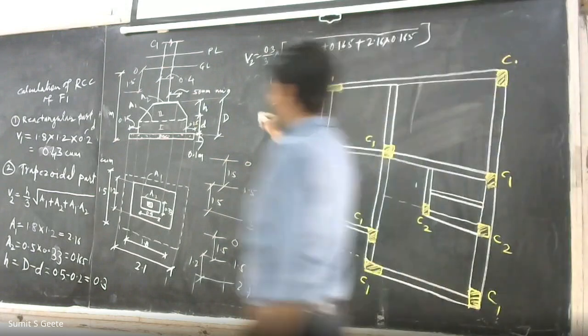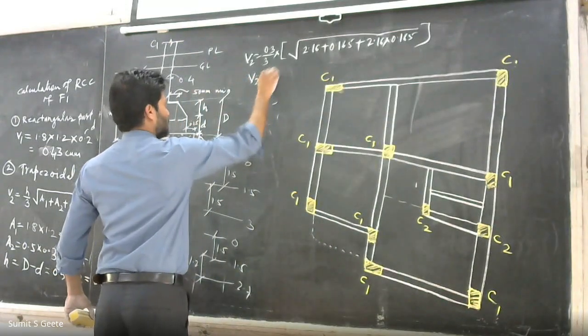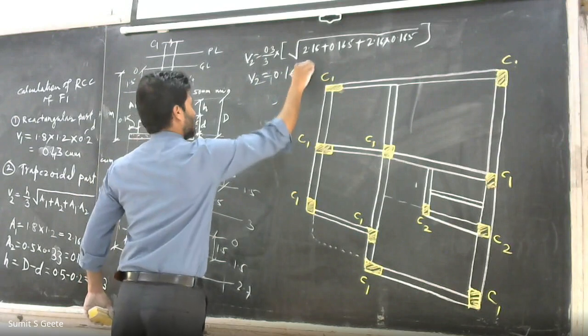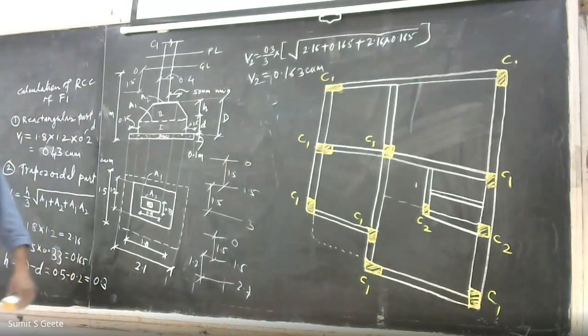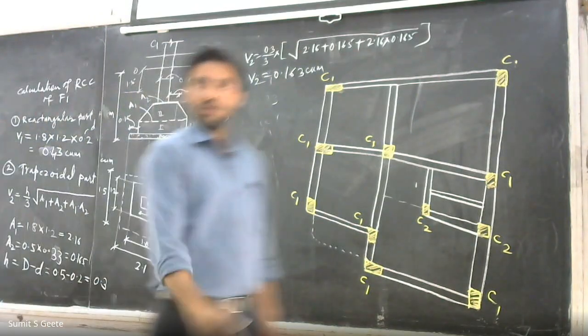So V2 is 0.163. कैलकुलेशन चेक करना है, ठीक है?